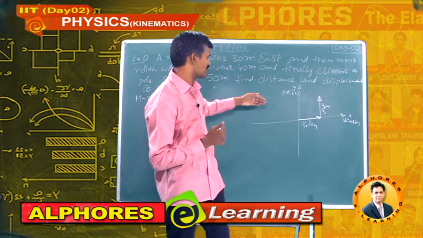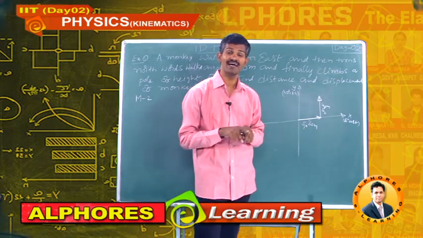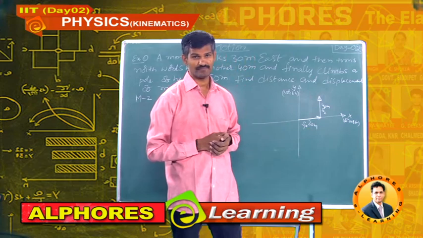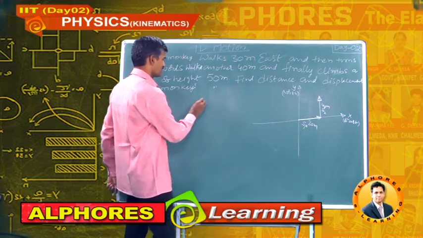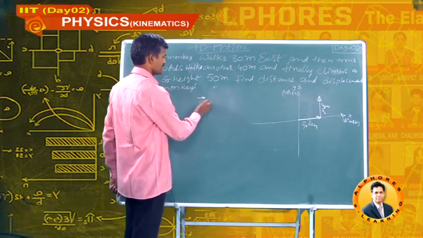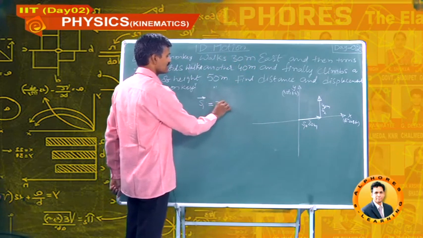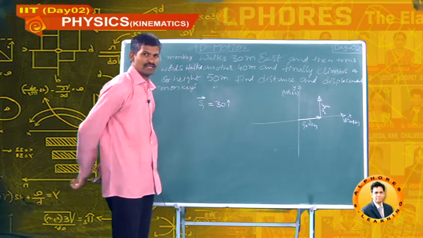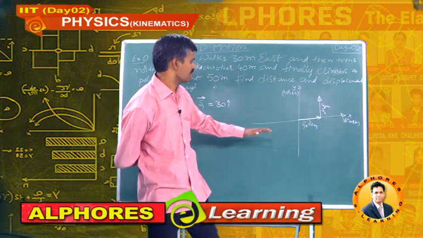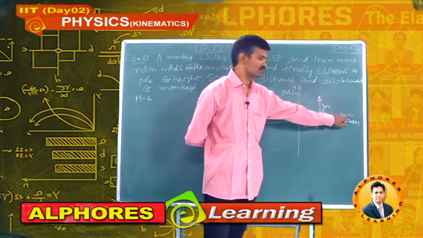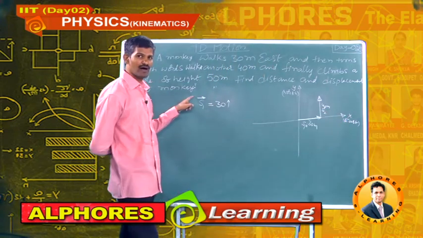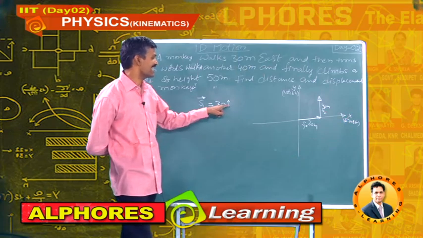Yesterday we discussed that the sum of all these displacements gives the resultant displacement. So, this S1 bar is 30 i cap. First displacement is this monkey walks towards east direction, I am considering as x axis. So, this S1 bar is nothing but 30 i cap.